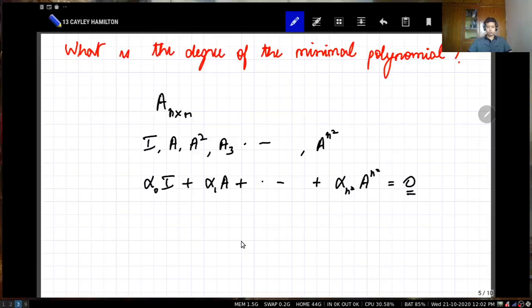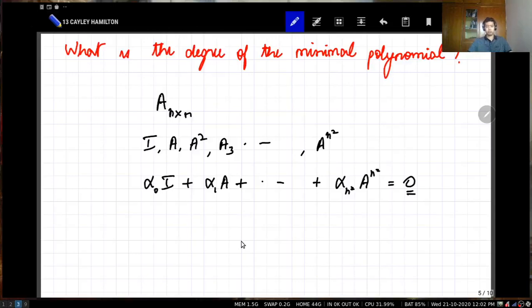Okay, so note that A is an n by n matrix, and the set of all n by n matrices forms a vector space of dimension n squared, right? And since this vector space of n by n matrices has dimension n squared, any set of n squared plus 1 vectors must necessarily be linearly dependent.